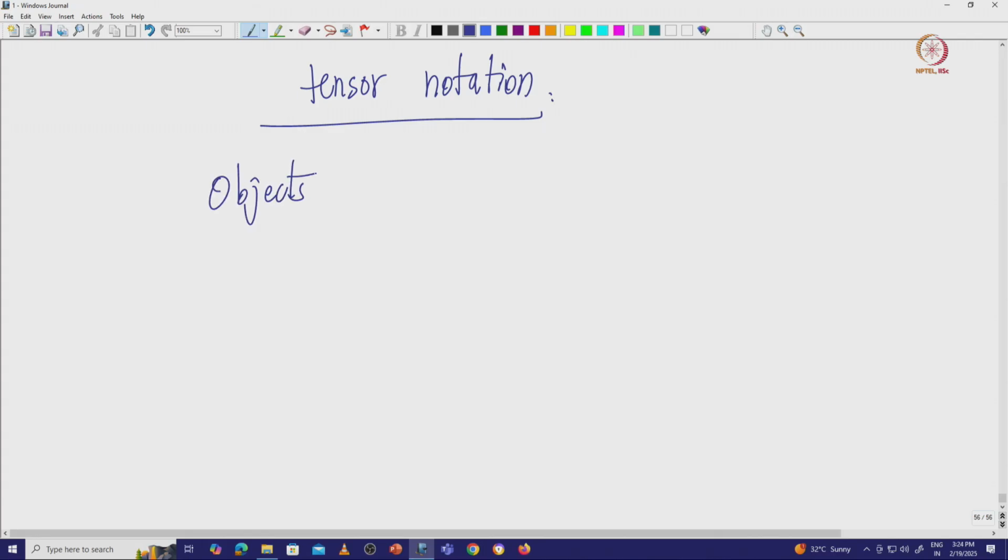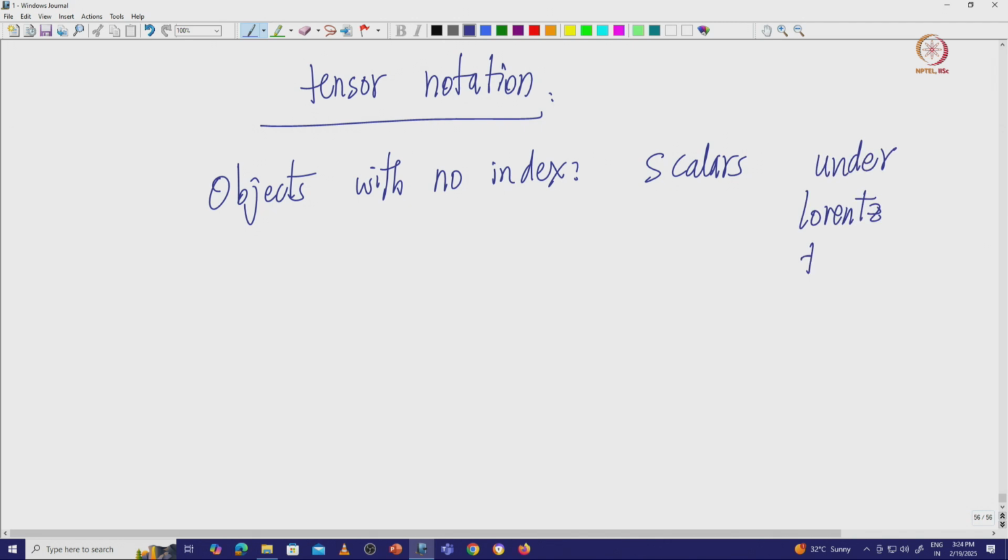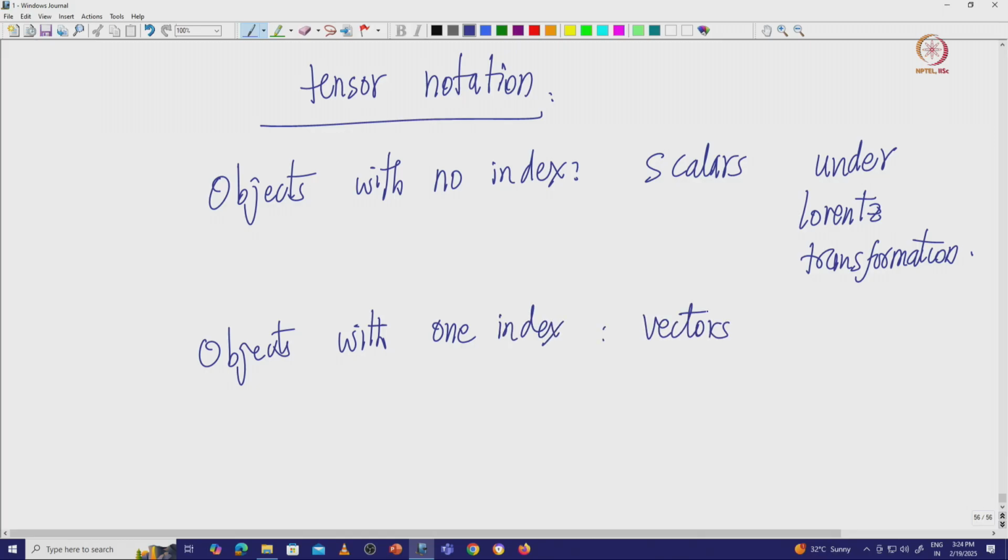Objects with no index are called scalars under Lorentz transformations. Objects with one index are called vectors under the same Lorentz transformations.